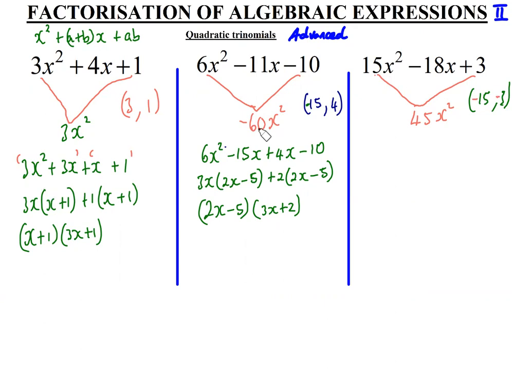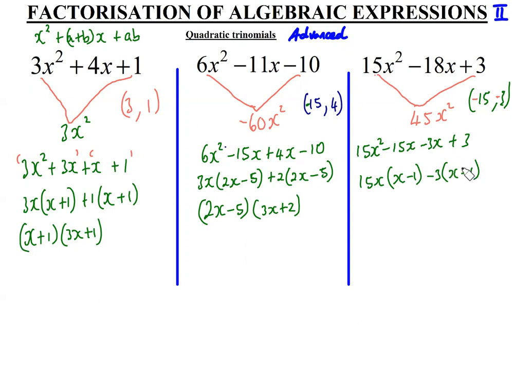Now, let's get to it and write 15x squared minus 15x, minus 3x plus 3. Then we are going to take out 15 here is common. So it's 15x. Then you're left with x minus 1. Then here, we're going to take out negative 3. Then you will be left with x minus 1.